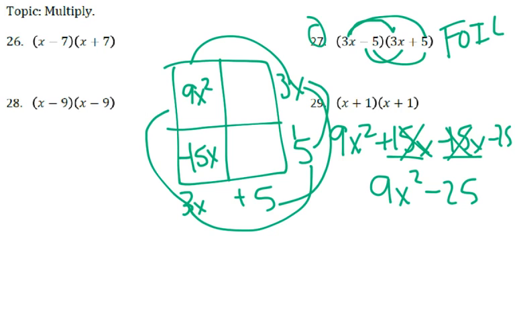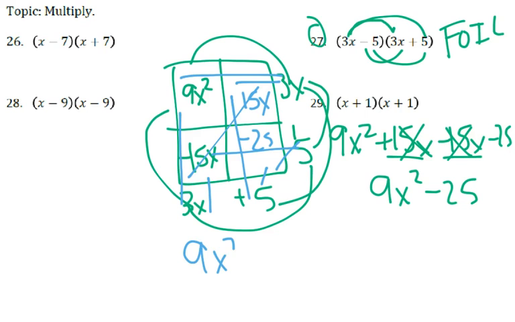We're just multiplying the boxes, just kind of doing the opposite of the factoring. 3x times 5 is 15x, then 5 times negative 5, negative 25. Those two cancel out, you're left with 9x squared minus 25. Okay?